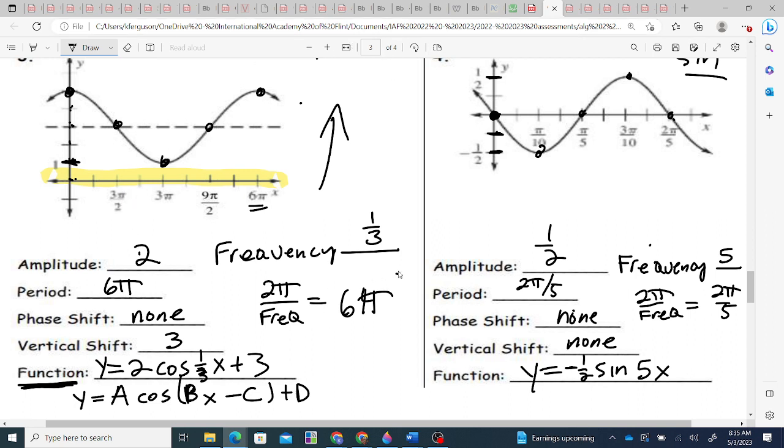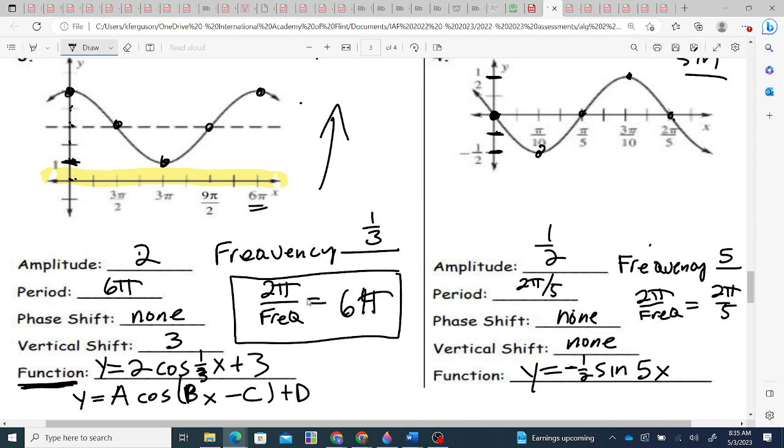Well, right here. See, one complete cycle goes all the way to 6 pi. So that's my period, but I still need to figure out what my frequency is. So I know that 2 pi divided by the frequency equals 6 pi because I got one complete cycle from 0 to 6 pi.